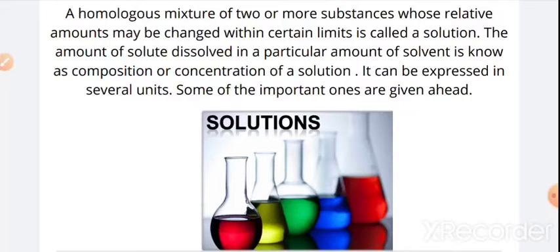It is in the liquid state and is present in the greatest amount. On the other hand, the solute is a solid that can be dissolved in a solvent to produce a solution, right? It can be expressed in several units. Some of the important ones are given ahead.